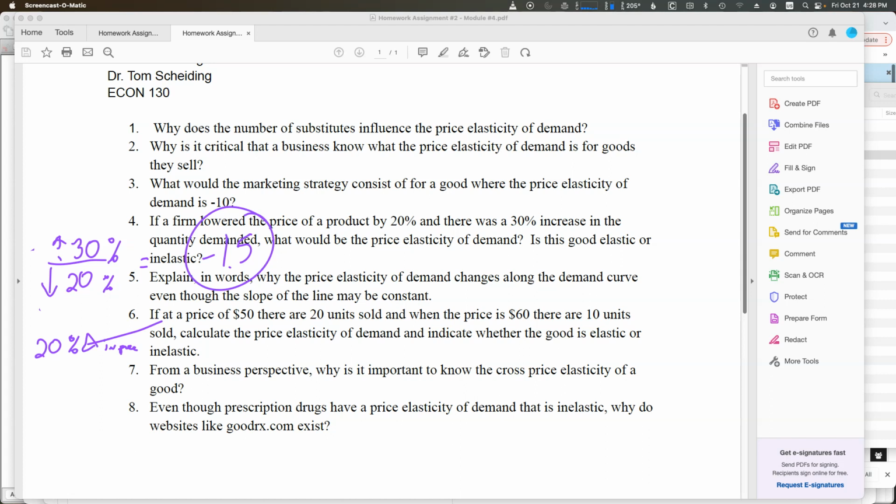And I'm going from 20 units sold to 10 units sold. That's a 50% change in the quantity. So 50 over 20. We should have a price elasticity of demand of negative 2.5, which makes it elastic.